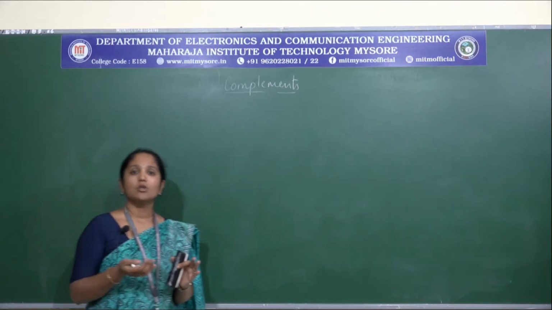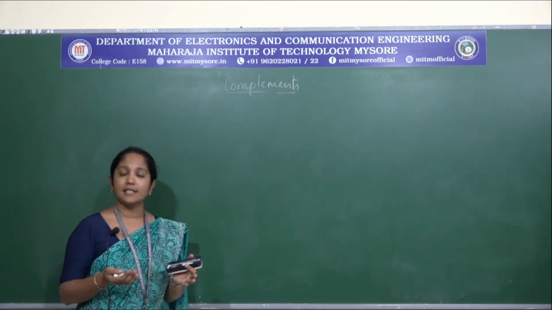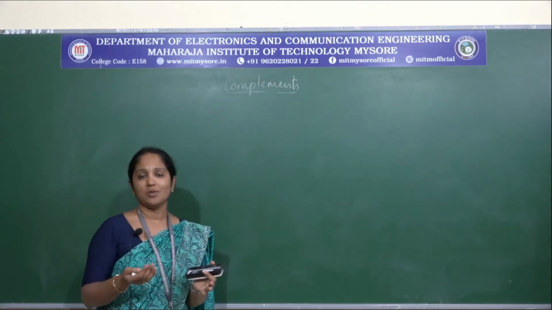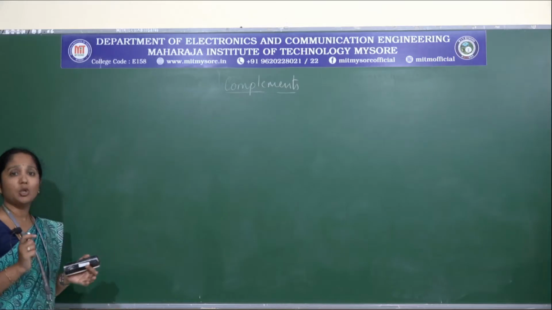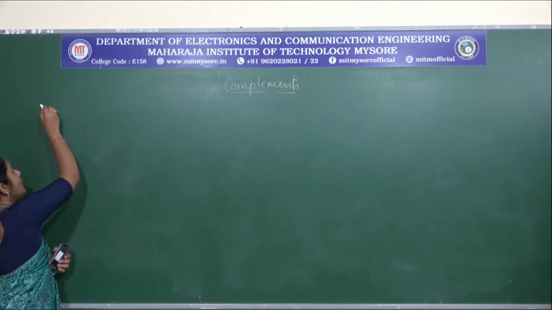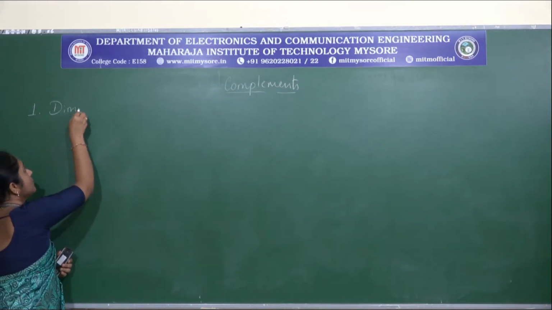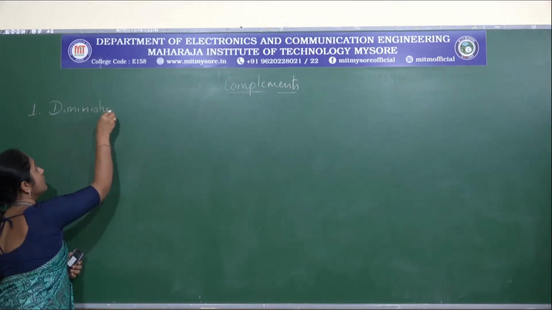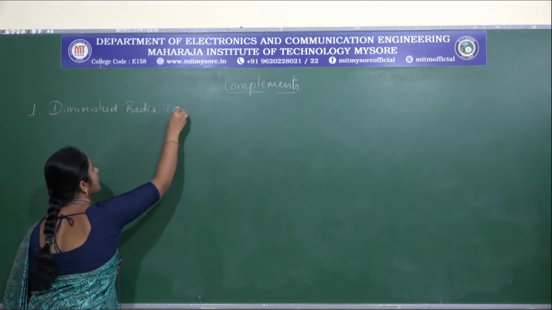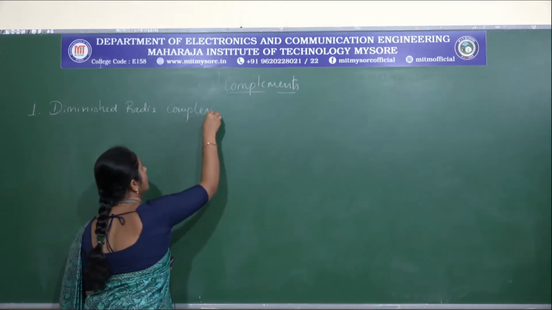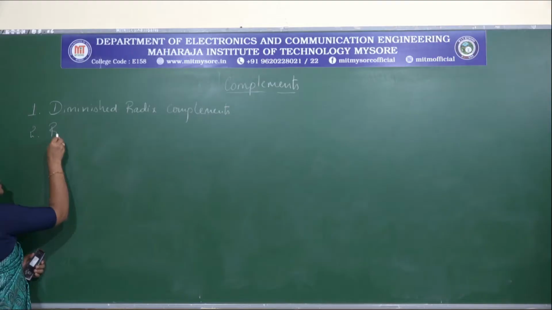Now let us learn what complements are, what the different types of complements are, and how to perform subtraction using complements. If you consider complements, there are two types. The first one is diminished Radix complement. The second one is Radix complement.